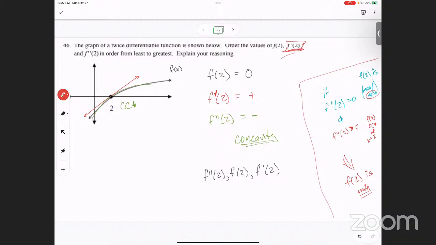Yep. F double prime is the rate of change of f prime. The double derivative is the rate of change of the single derivative, just like how f prime shows when f of x is increasing or decreasing. That's correct.